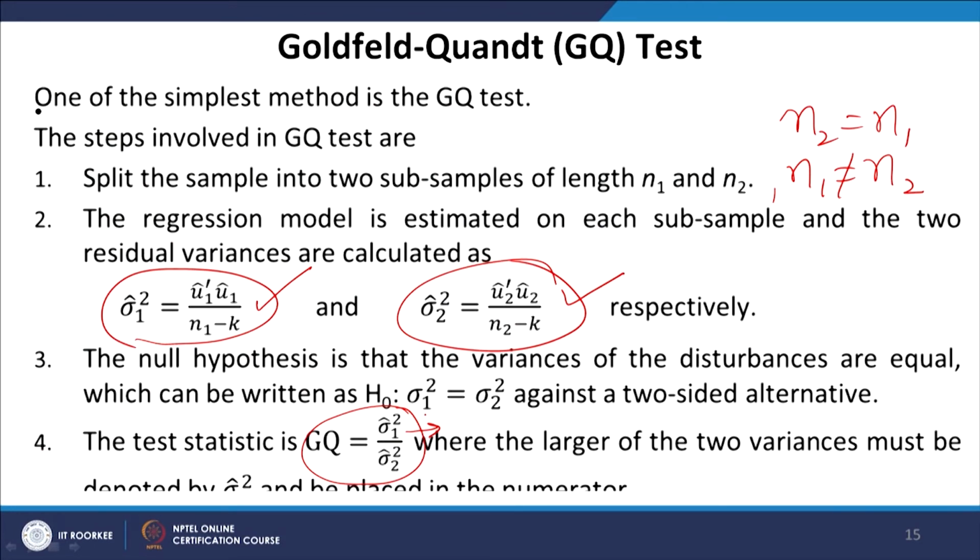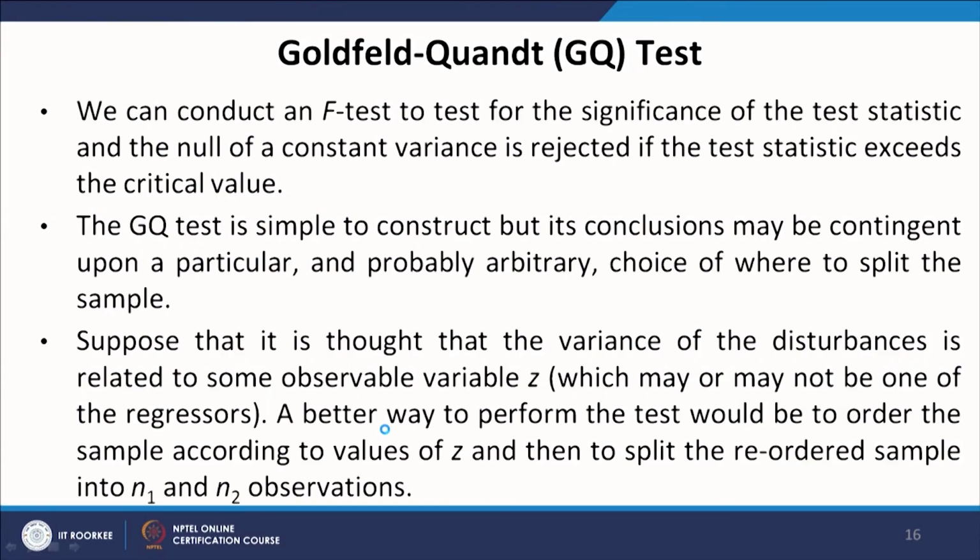Of course, here one refers to the first sample, but the point is that the larger variance must be in the numerator. We can conduct an F test to test for the significance of the test statistic, and the null of a constant variance is rejected if the test statistic exceeds the critical value. The GQ test is simple to construct, but its conclusion may be contingent upon a particular and probably arbitrary choice of where to split the sample.